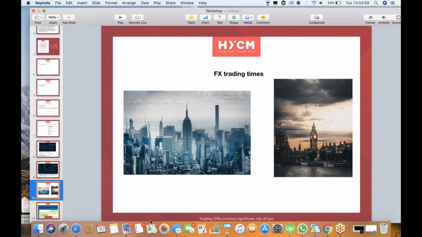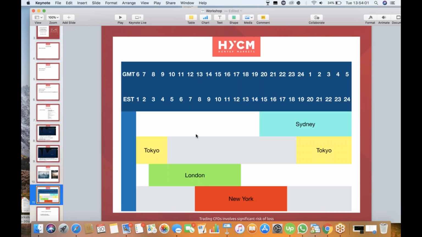If you look in the chart below, you'll see the times of these sessions. This is GMT and Eastern Standard Time. So if we go from the Tokyo session, the Asian session really kicks in, and includes Australia as well. It kicks in around midnight GMT through to around 8 GMT in the morning.